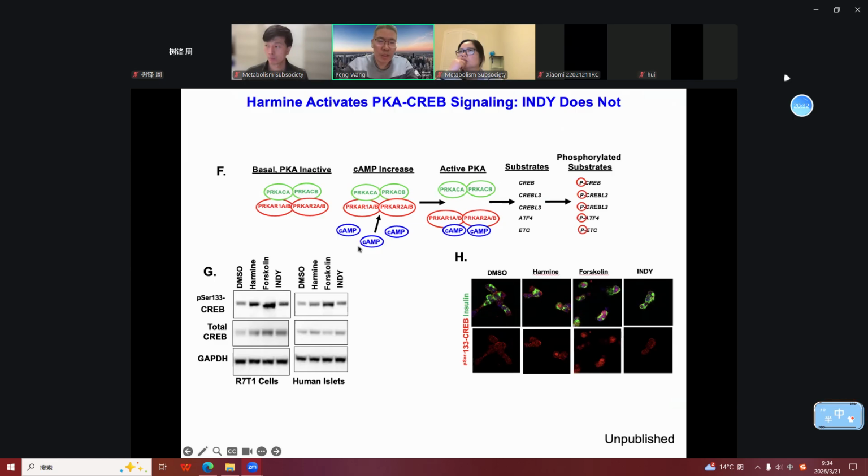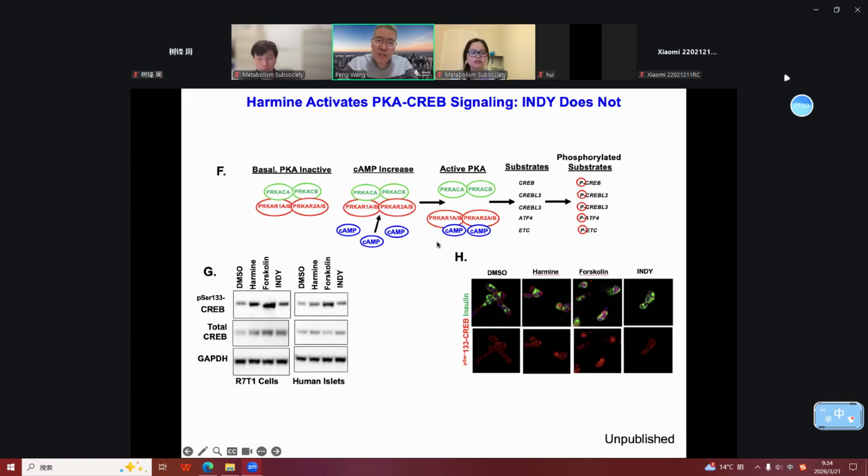With cyclic AMP increase, it binds to PRKAR1A or PRKAR2A, which disassociates the PKA catalytic subunit from the complex, which activates PKA and increases PKA activity, which can phosphorylate downstream transcription factors, such as the typical ones, CREB, and many other ATF family members.